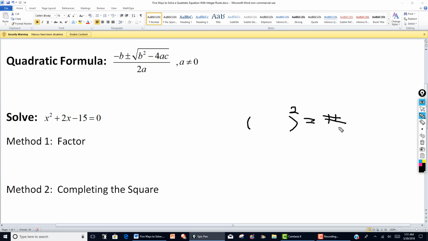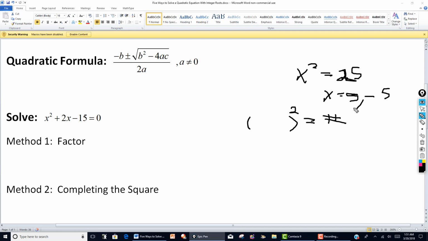Just like if you have x squared is equal to 25. Okay, what number squared is 25? Well, 5 or negative 5. Okay. So it's easy to set up.